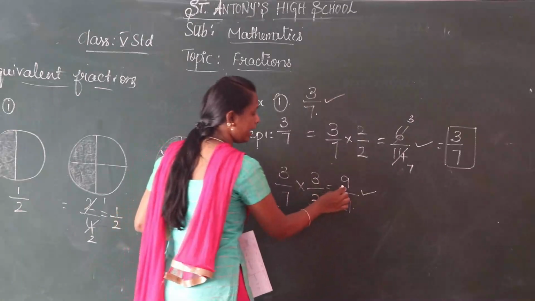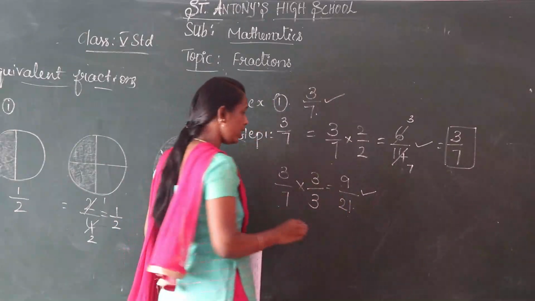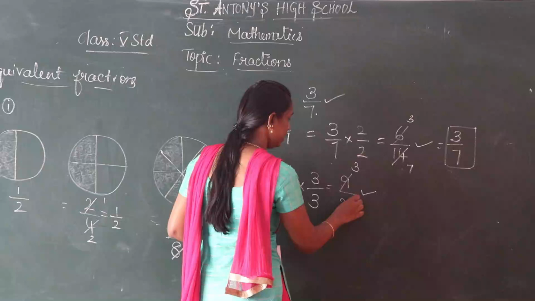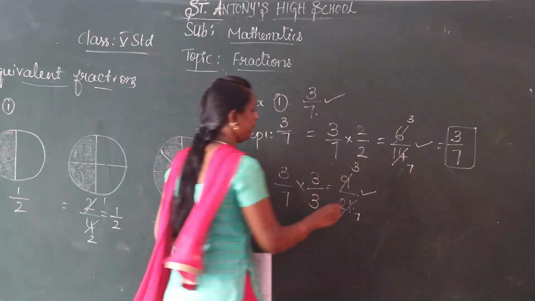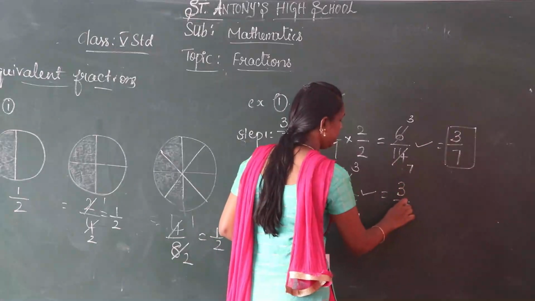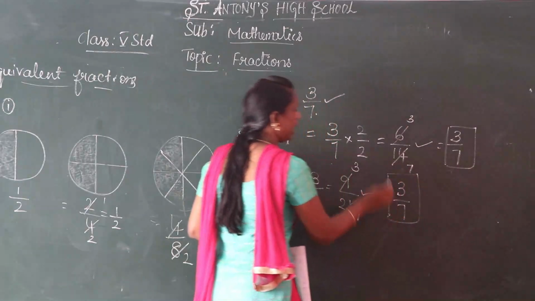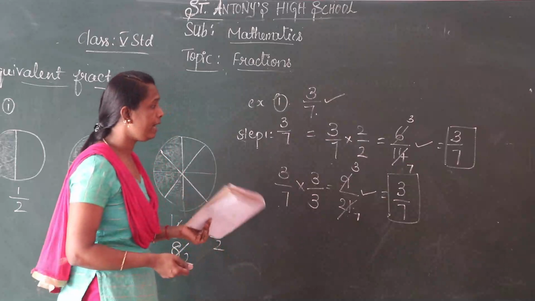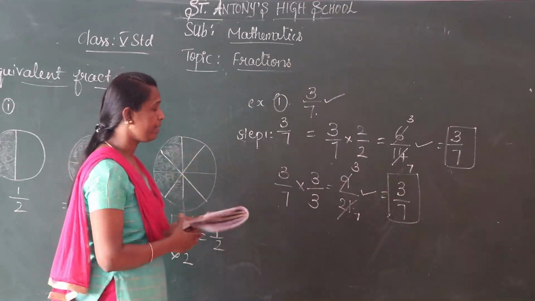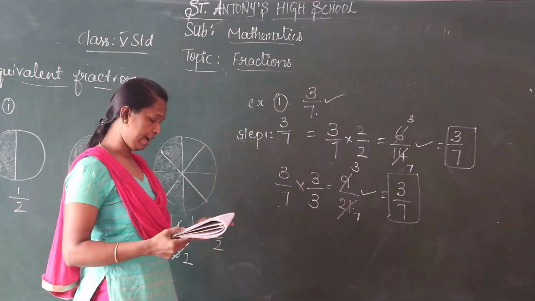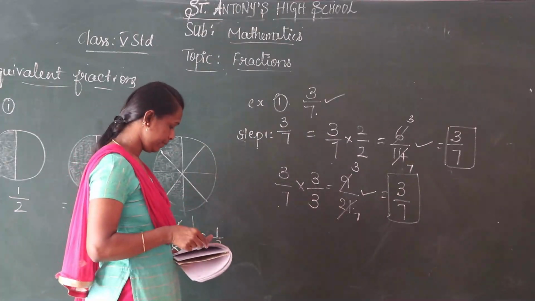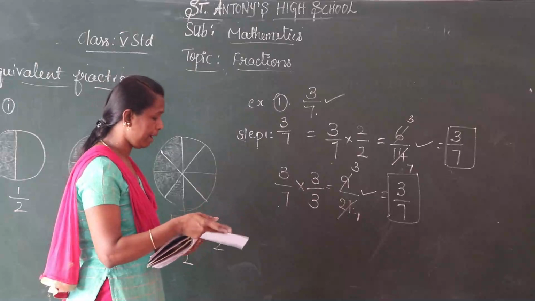Here also 9 by 21: 3 3s are 9, 3 7s are 21. The fraction is 3 by 7. So you get the equivalent fraction 3 by 7 each time. This is called equivalent fractions. Okay children? So here we get the same answer.